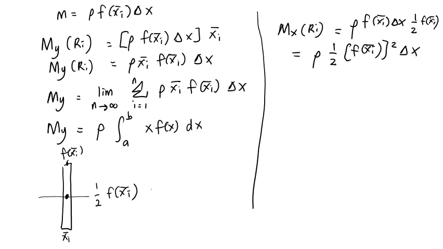Okay, then similarly, since this is for Ri only, and we are finding the moment from R1 to Rn, for Mx of the whole region R, we take the limit as n approaches infinity of the summation from i equals 1 to n, and write down everything again.